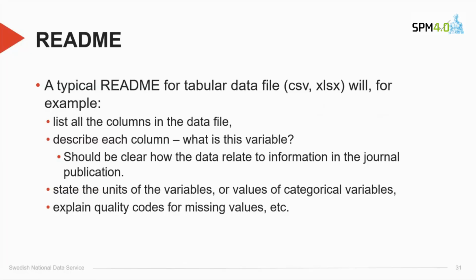Yes, so a typical README for a CSV or Excel file will list the columns in the data file, describe each one, what is it, and try and make it clear how the information in the file relates to what you've said in your journal article.